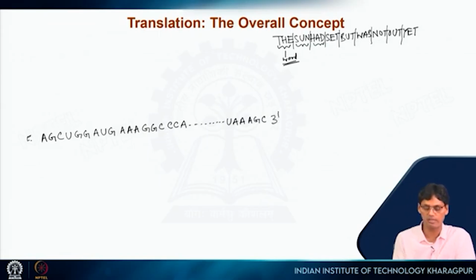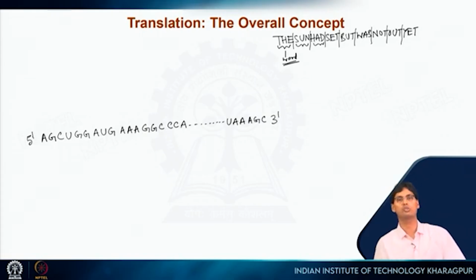So this is our 5 prime end and 3 prime end. What is this? This is nothing but some mRNA sequence, messenger RNA sequence, that I am putting here to explain the process of translation.